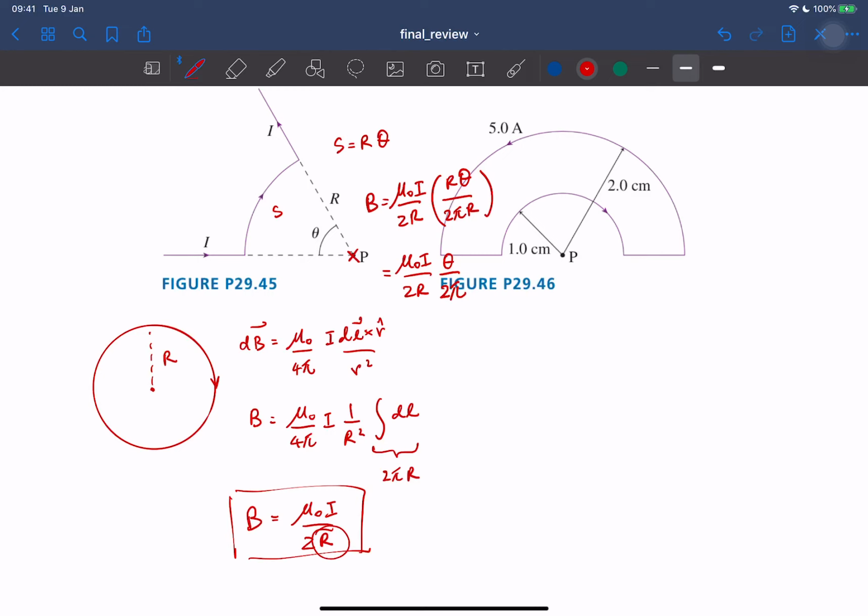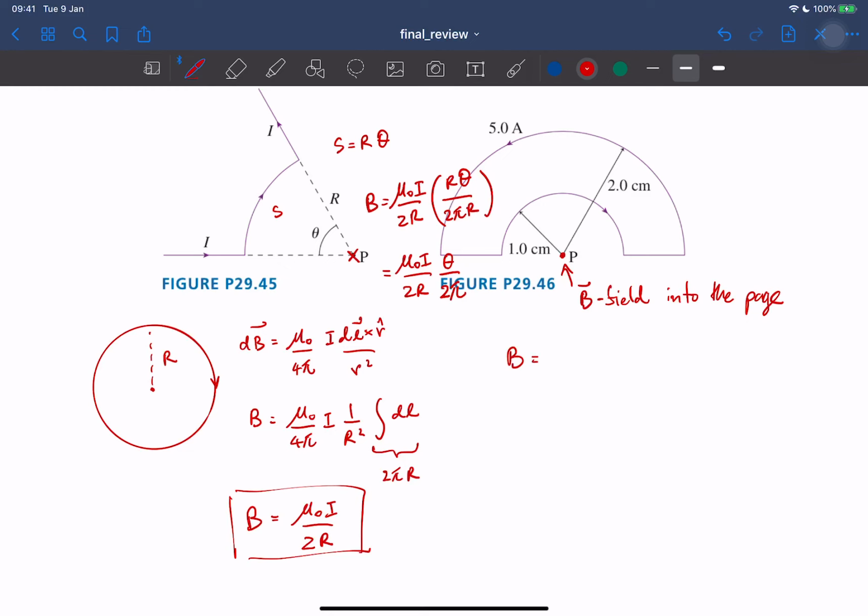But the distance is different. So one will be stronger than the other. This one will be stronger because it's closer. So the net magnetic field will be going into the page for this case.